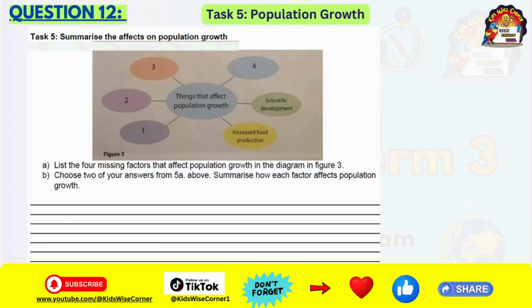Task 5, population growth. Summarize the effects on population growth. List the 4 missing factors that affect population growth in the diagram in figure 3.